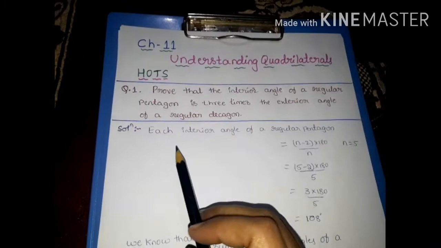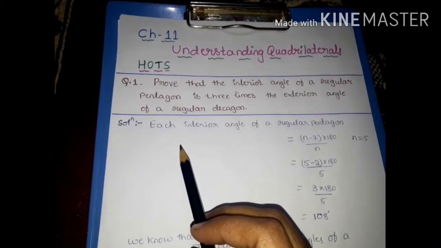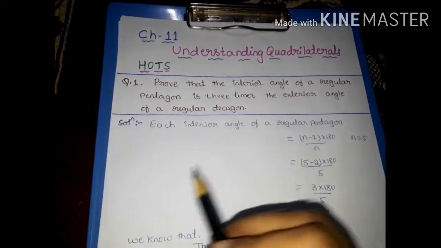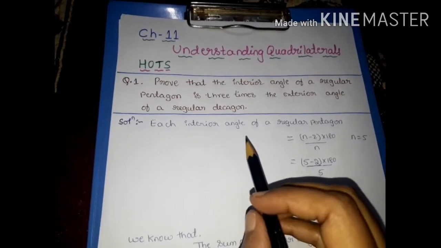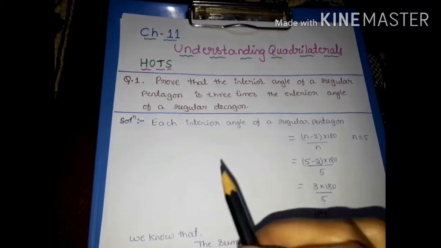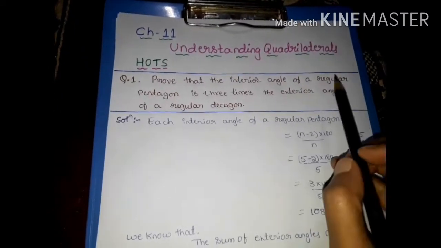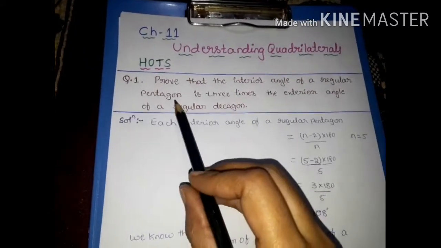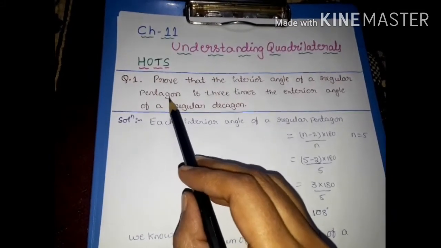Here in worksheet 1, we studied how to find each interior angle of any regular polygon. The formula is (n minus 2) into 180 divided by n, where n is the number of sides in a regular polygon. Here we have to find the regular pentagon's angle. Penta means 5, so n is 5.